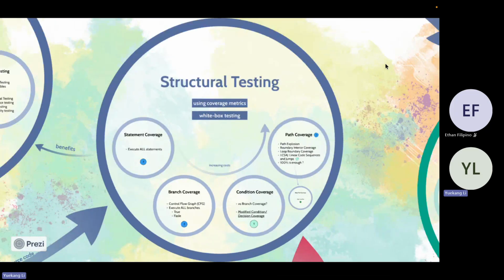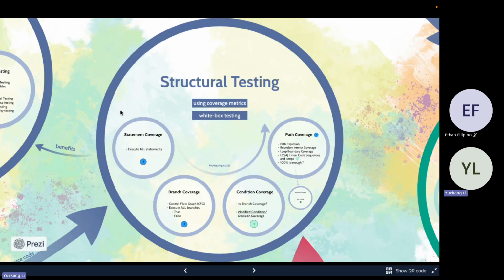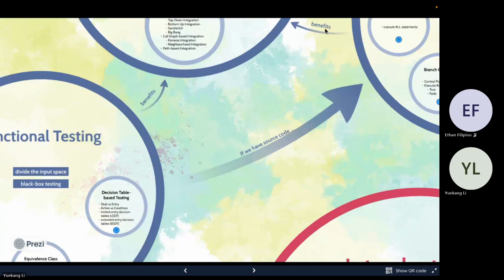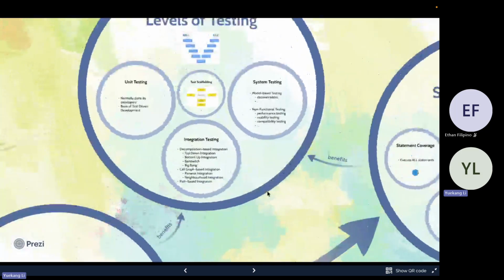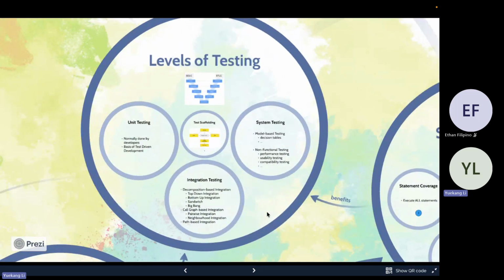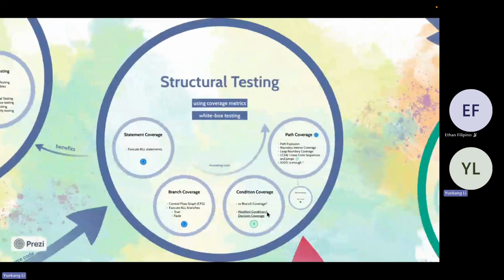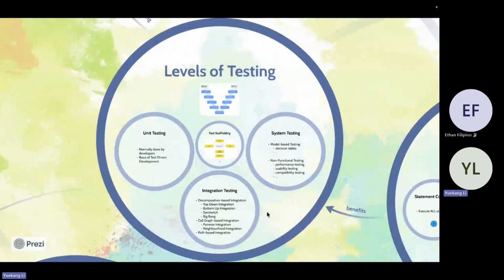So this is structural testing, and both structural testing and functional testing benefit the different levels of testing. Both functional testing and structural testing care more about how we create test cases, while different levels of testing deal with what target we test.